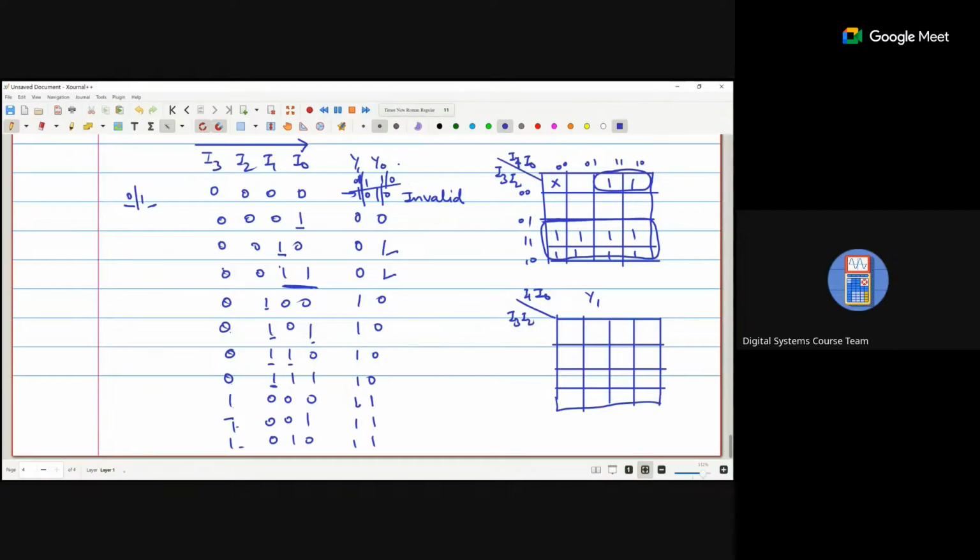So the equation for y naught is I3 plus, okay, we can create a group of 4 also. 2 is this one and 2 is this one.